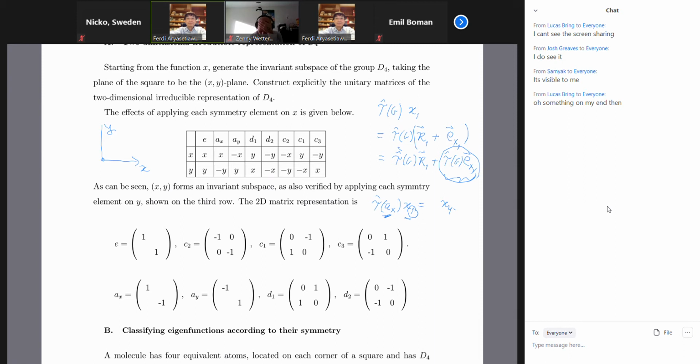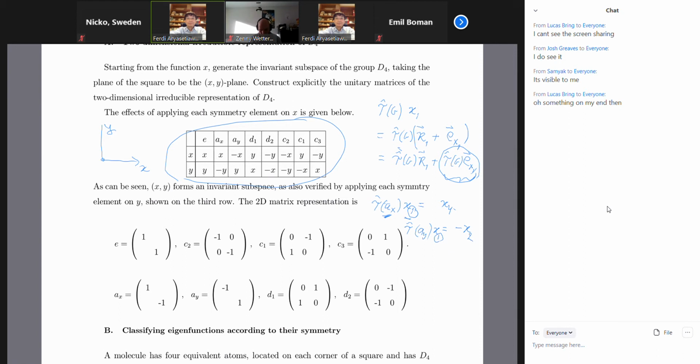So if we take another example, if we take AY, according to this table here, say I take TAY acting on X1, it will bring X to minus X, and then it will bring atom 1 to atom 2, so it will be minus X2, and so on.